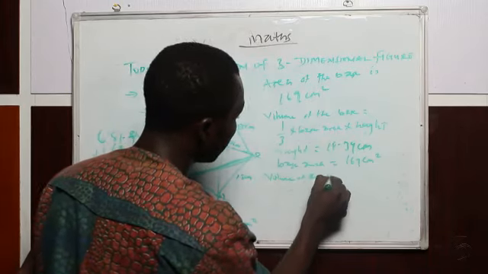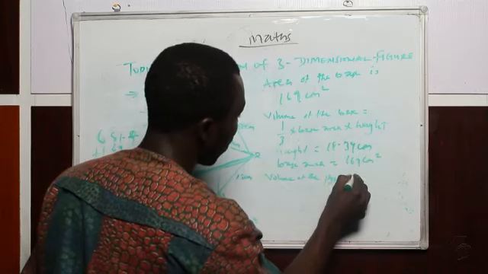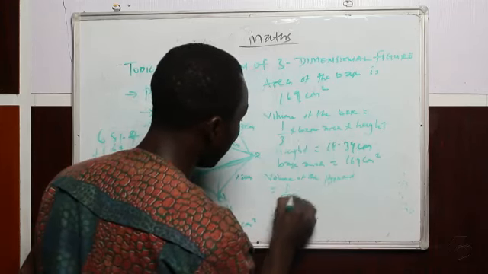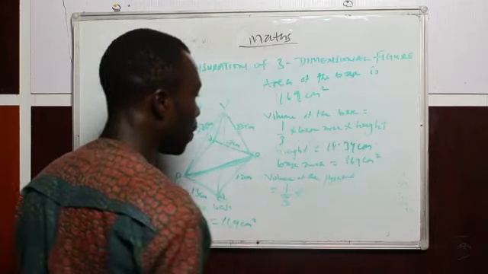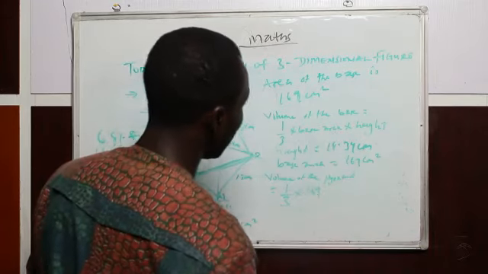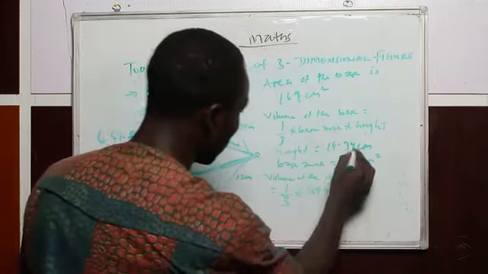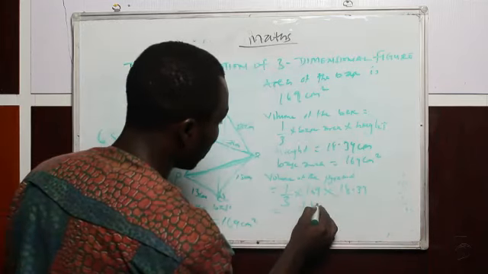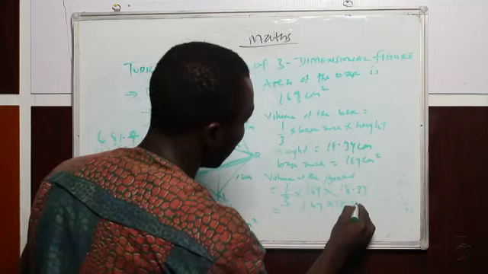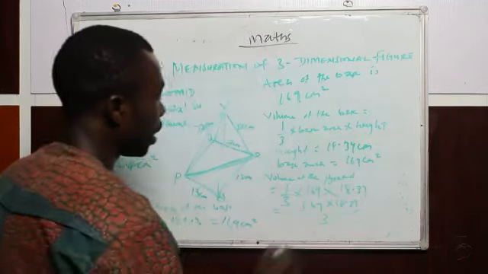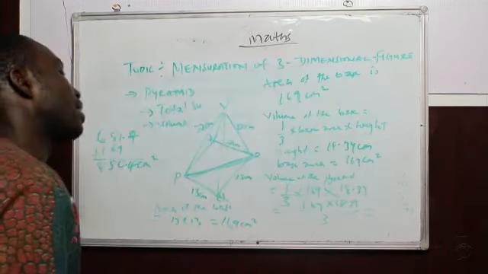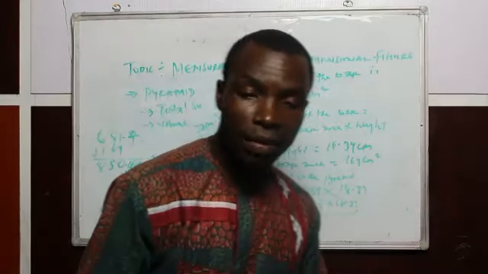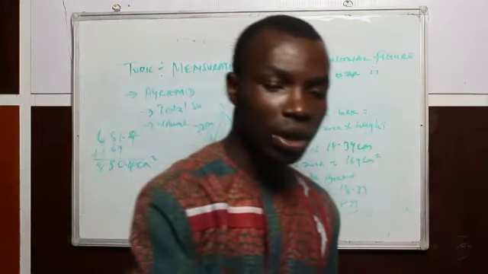Then the volume of the pyramid is equal to 1/3 times, what is our base area? 169. What is our height? 18.39, which is equal to 169 times 18.39 over 3. And the answer is what? Use your calculator quickly.